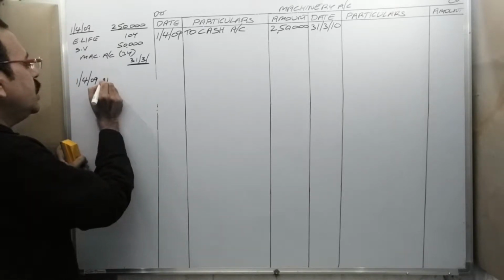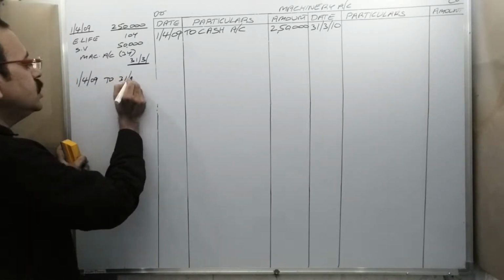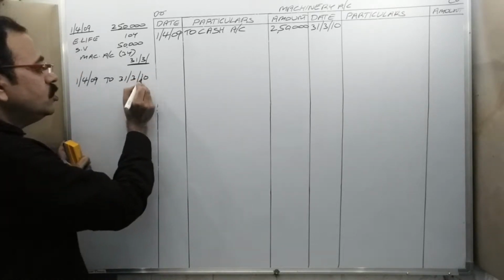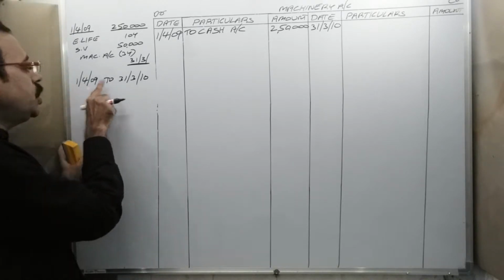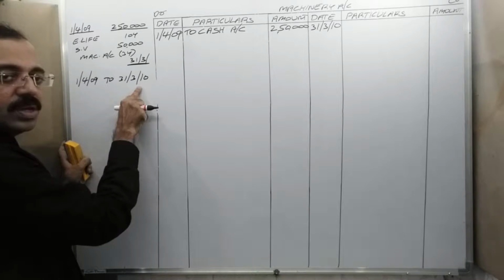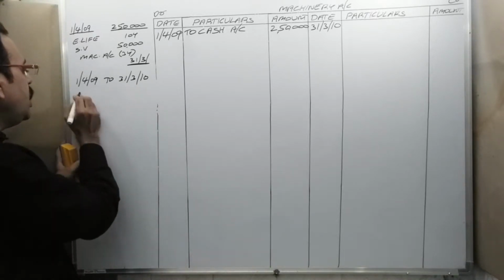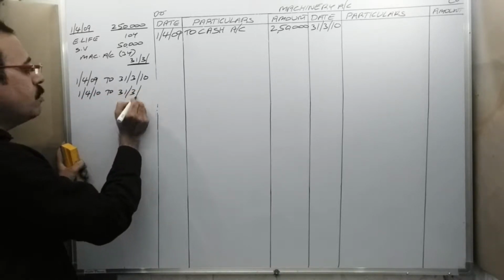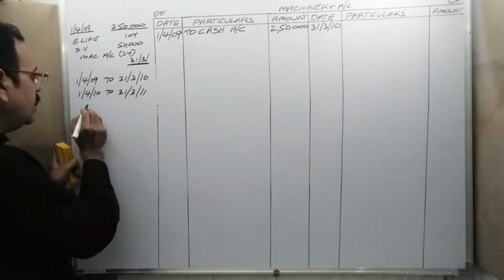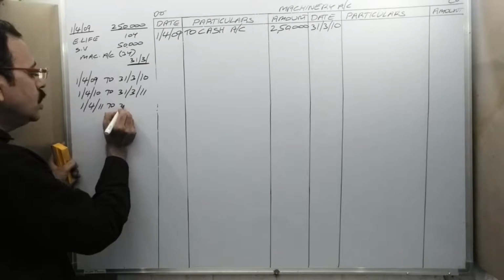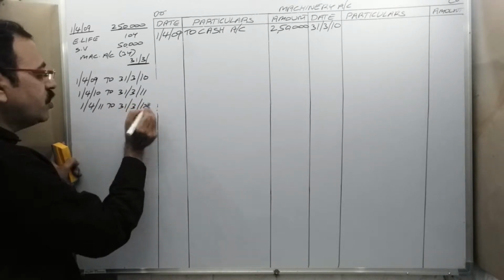So from that date to 31st March, what will be the year? 2010, no? So from this date to this date, a 12 month gap is there. This is your first year. Now the second year will be 1/4/10 to 31st March 11. Then the third year is 1/4/11 to 31st March 12.